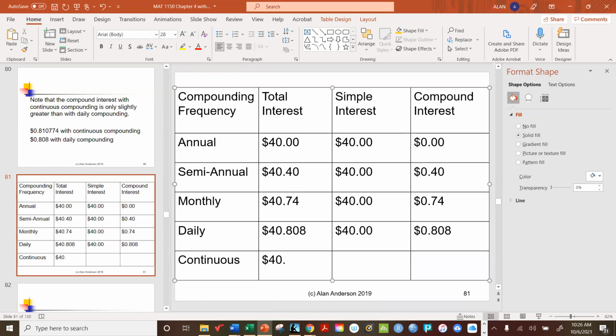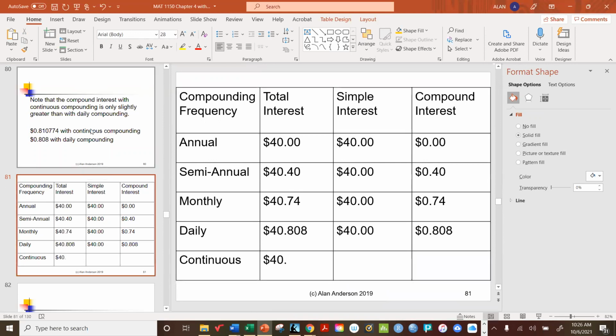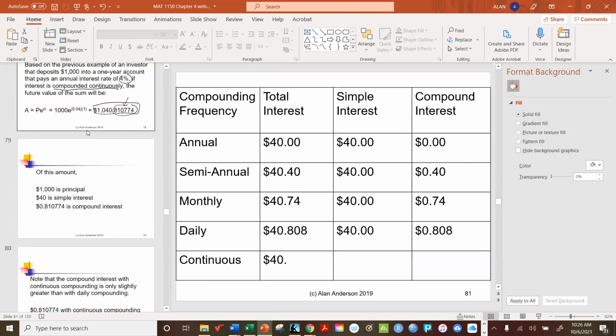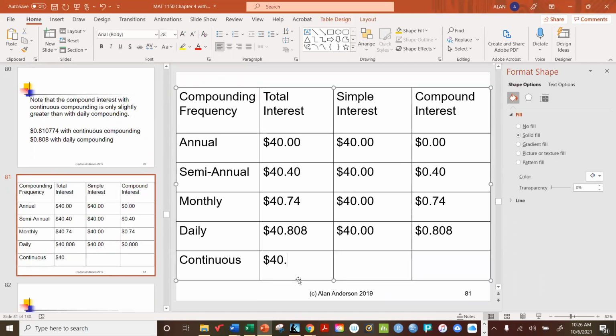So remember, it was $40 and 81.0774. Now I'm only showing all those extra digits because I want you to see how small the differences are between these last two cases. So you can see it's a very small increase.